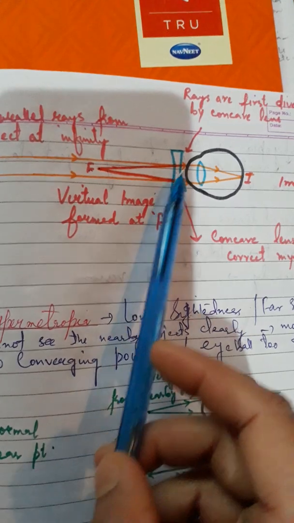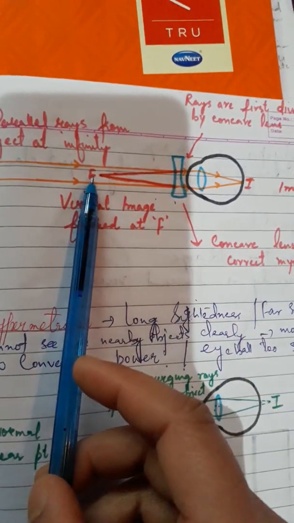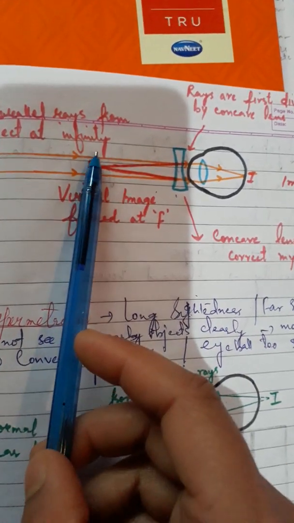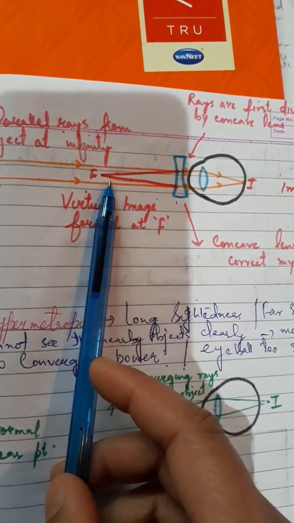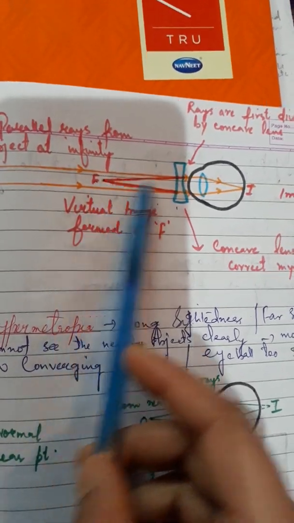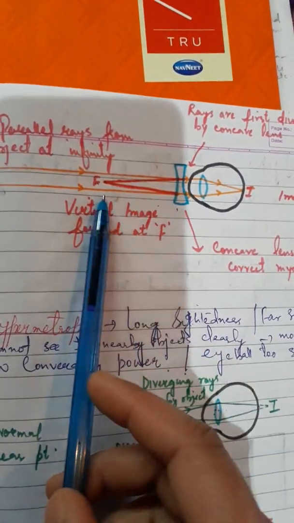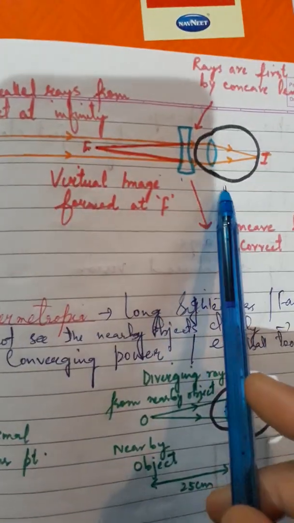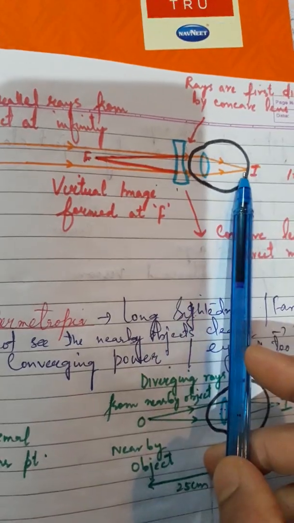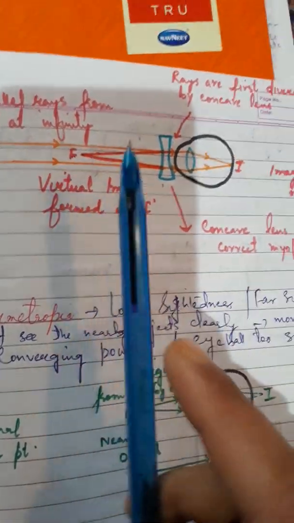Due to this, the concave lens forms a virtual image of the distant object at this far point F of the myopic eye. Now, since the rays of light appear to be coming from the eye's far point F, they can be easily focused on the retina. This was all about myopia.